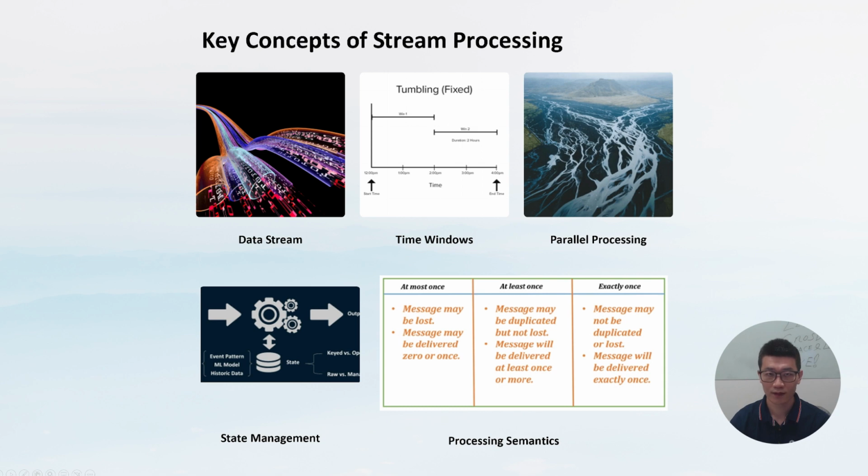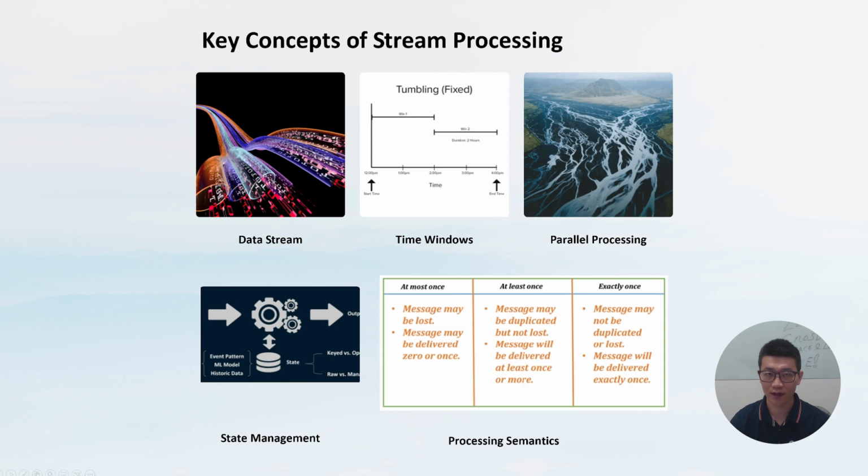Of course, as we mentioned earlier, data arrives with the passage of time. However, due to network issues or device failures, data delays or out-of-order data may occur. This is one of the challenges that stream processing needs to address. Now, let's look at the concept of time windows. Time windows are present in batch processing as well, but they are more widely used in stream processing.